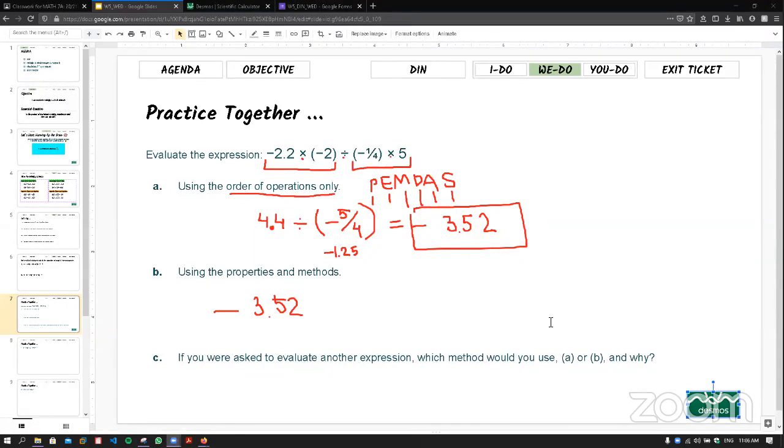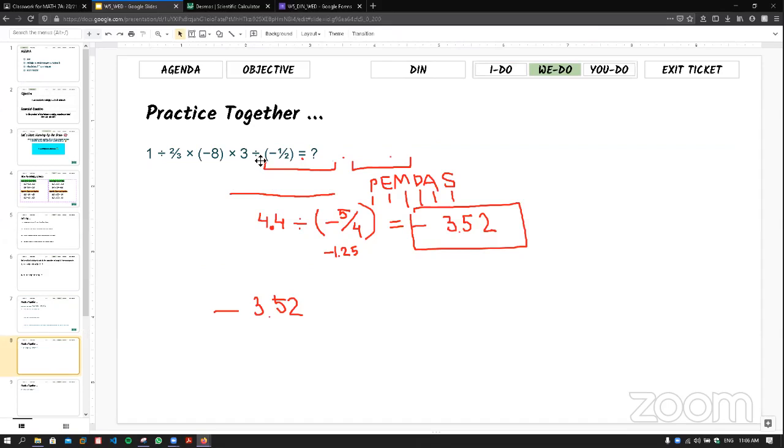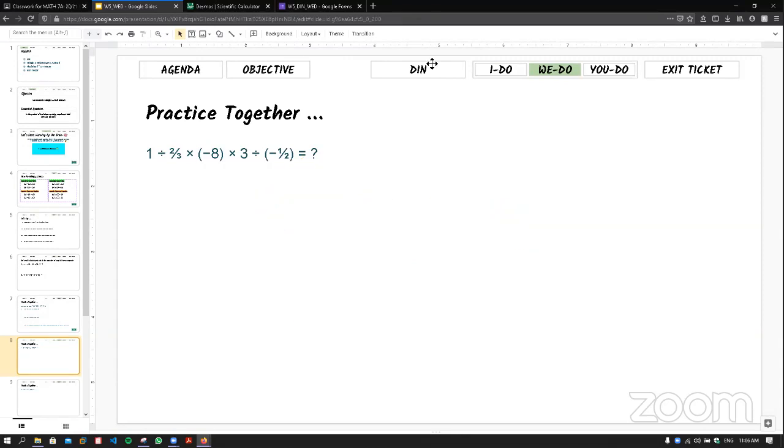Okay, how about this problem now? What do you think, guys? So tell me first, what would be the sign of this multiplication and division? Positive or negative?